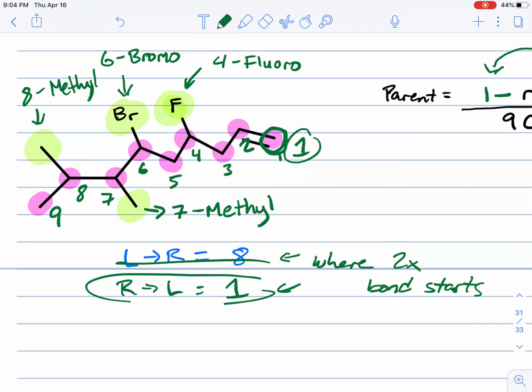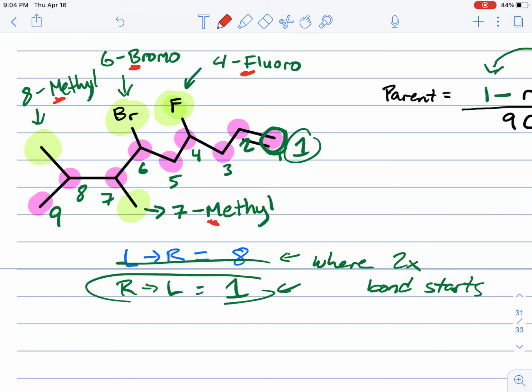Okay. And so I need to figure out which of these substituents I'm going to name first. I need to look at the first letter of each substituent, and I need to organize them in alphabetical order.